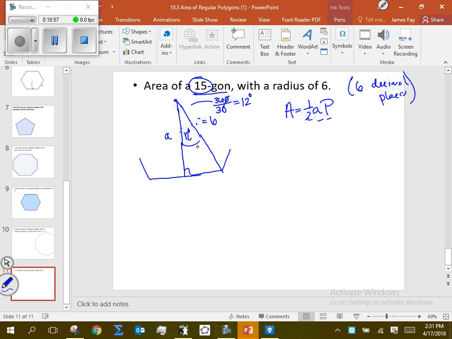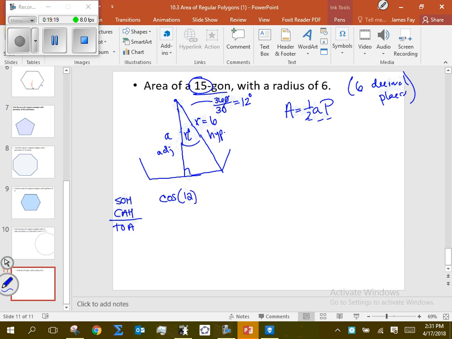Okay, so that angle is 12 degrees. Now, if that's 12 degrees, would you guys agree that the R, or the radius, is the hypotenuse of that triangle? And that A is the adjacent side. So in SOHCAHTOA, which one of those uses adjacent and hypotenuse? Okay. So I'm going to write cosine.